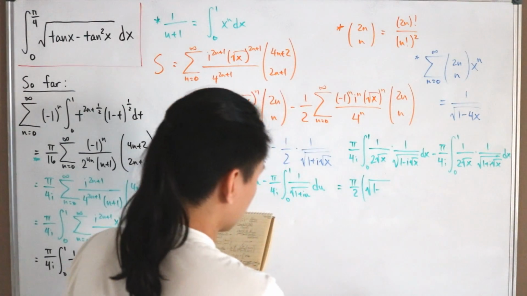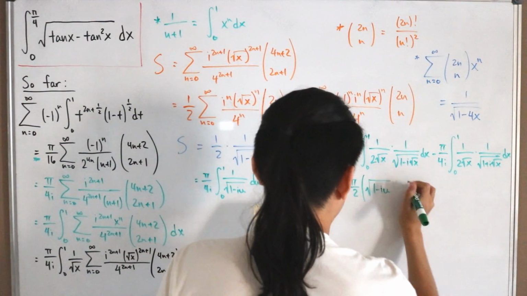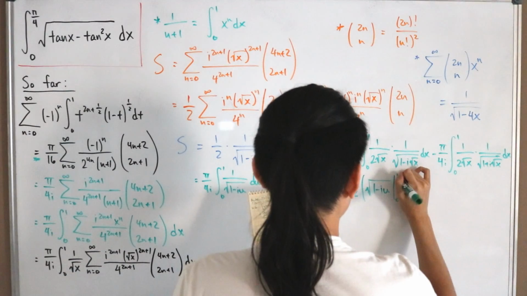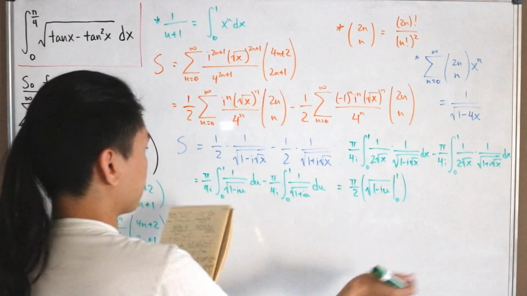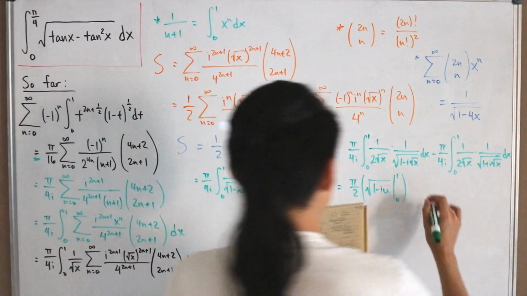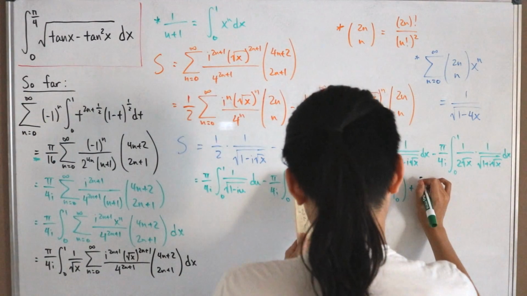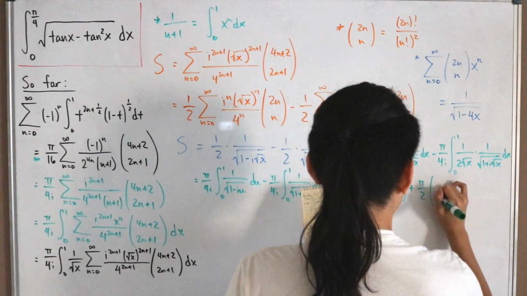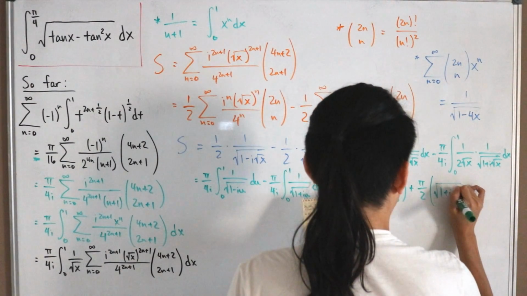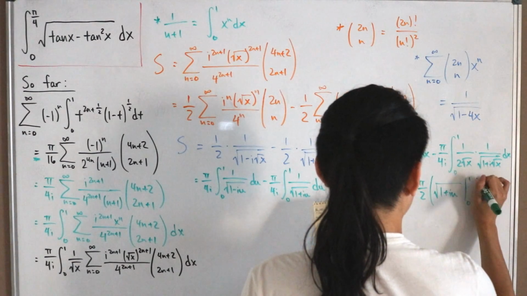I'm sorry about that, since this is now in the u world. 1 minus i times u, from 0 to 1. Subtract, well, now this is with the negative, so that fixes it up to change to a positive. So plus pi divided by 2 times the square root of 1 plus i times u, from 0 to 1.